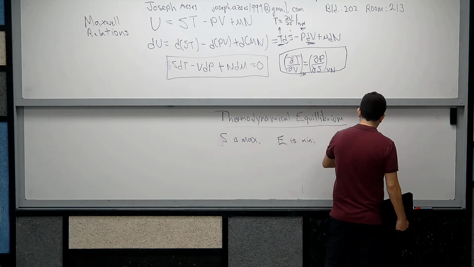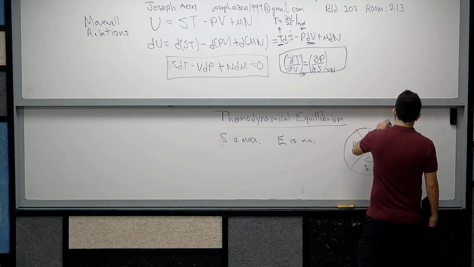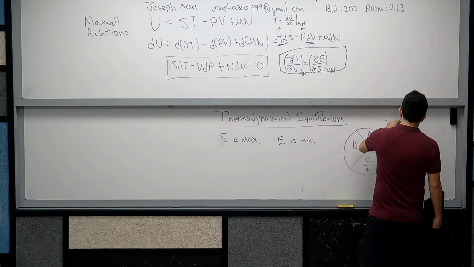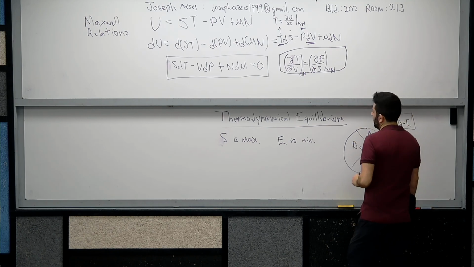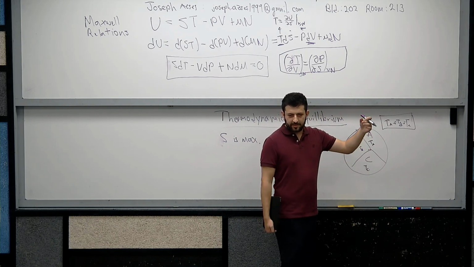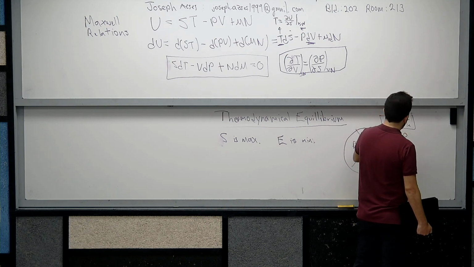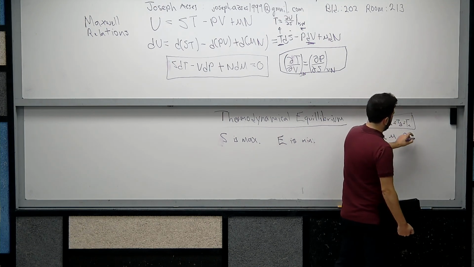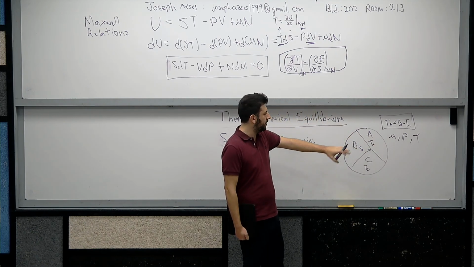TA, TB, TC. This also happens with the chemical potential, with all the generalized forces, right? The chemical potential, the pressure, and you can put here torsion, whatever generalized force you can think of.